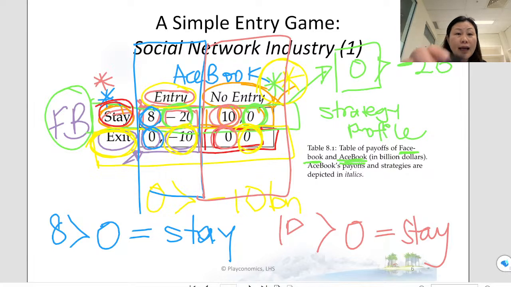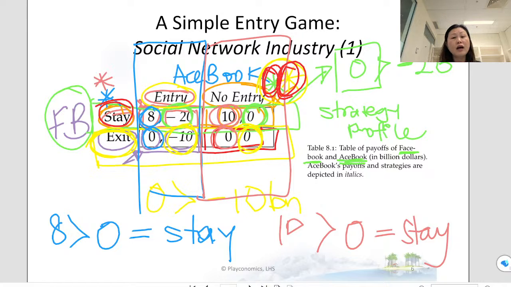Therefore, we are going to stay away. If Facebook exits the market, Facebook entering will lose 10 billion and Facebook not entering will lose 0. And as a result, we will also not enter.